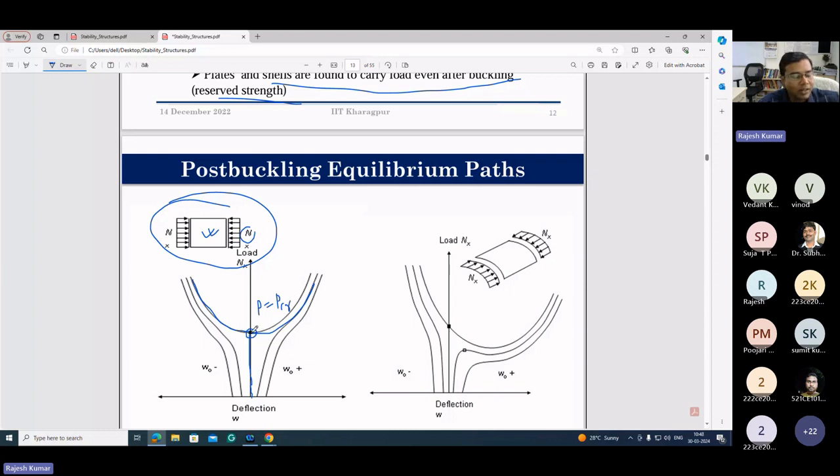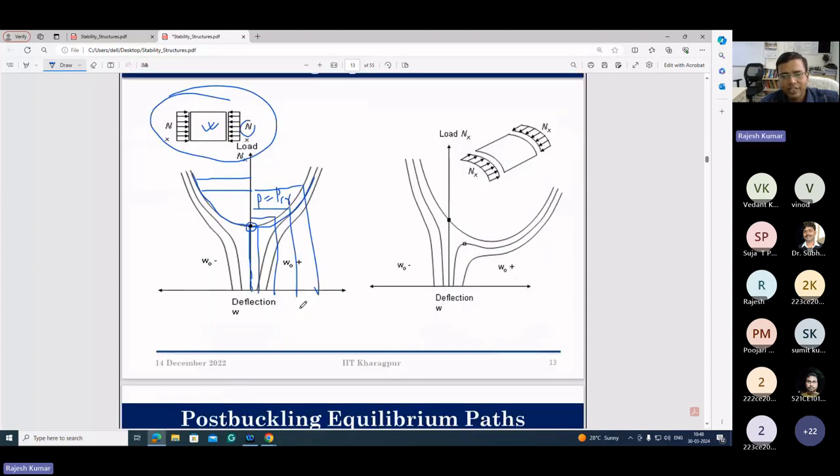What will happen after that? You give a small perturbation in out of plane directions, then some deformations will take place. You keep on increasing loads, deformations will increase. You see that, and it is symmetric. That's why deflections on the left side as well as the right side, in both directions, will be there.